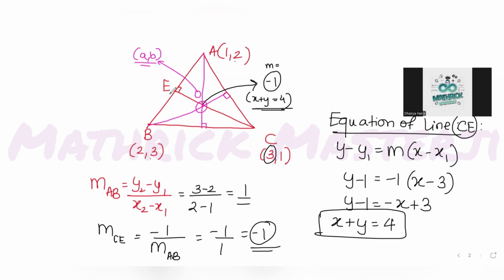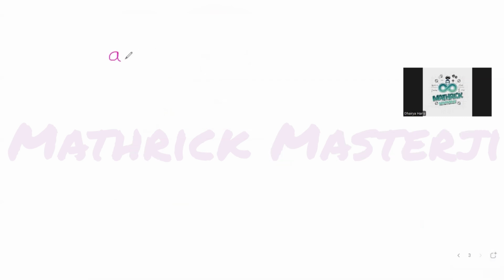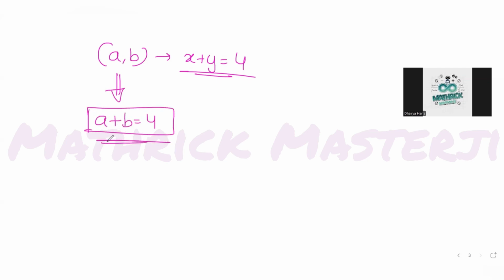Since the orthocenter lies on line CE, it satisfies this equation. So if I put x and y as a and b respectively, I get a plus b equals 4.